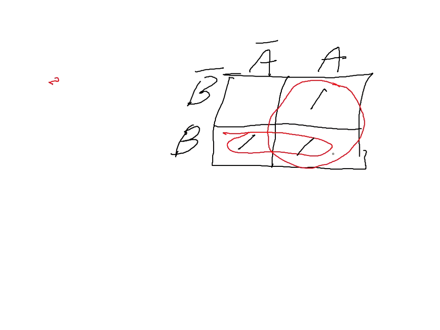So the product term, the common term here is A. So we can write the expression as A. The vertical common variable is A, plus this one, the horizontal common term is B. So the answer is A plus B. Y equal to A plus B. So that's how you simplify equations using K-map.